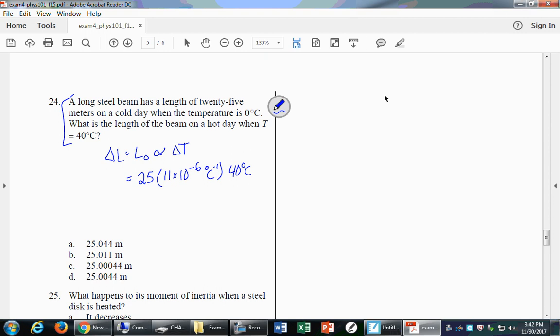Okay, we'll just use the 11. See how it works out. And then that's equal to, anybody know what this is equal to? Looks like 0.011. Yeah, so 0.011 meters. So that's the change in length. It gets longer by that amount. It was originally 25 meters, so it's 25.011, I think.